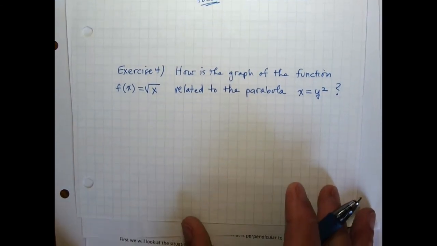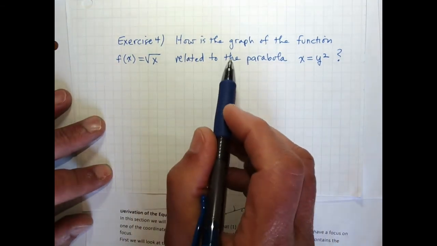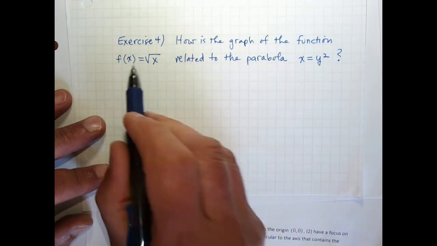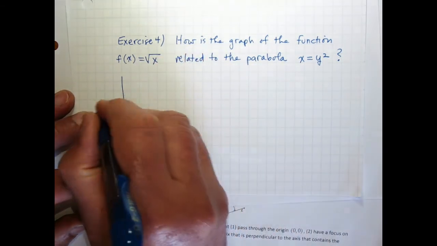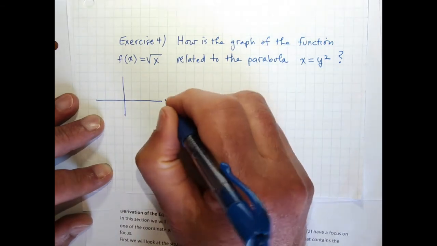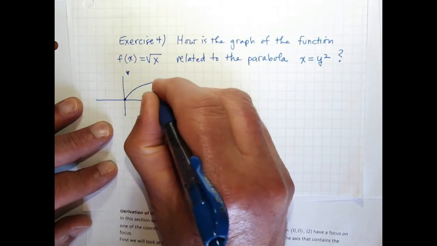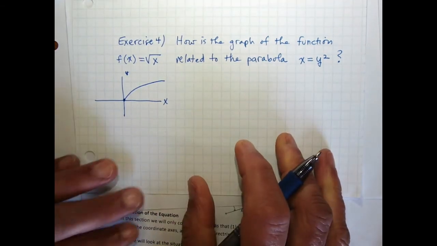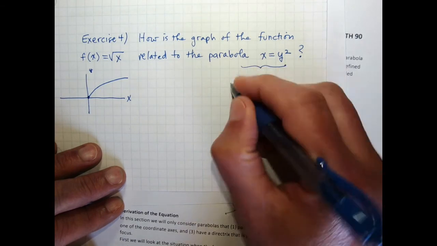This is meant to take us back to something a little earlier in the course. How is the graph of the function f of x equals the square root of x, which you should know pretty well, a shape like so, related to the parabola x equals y squared?